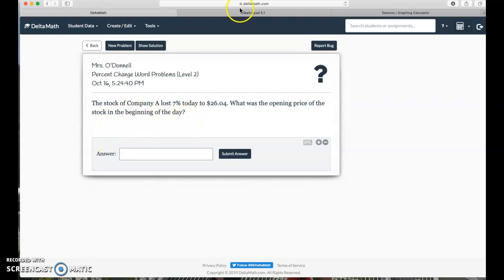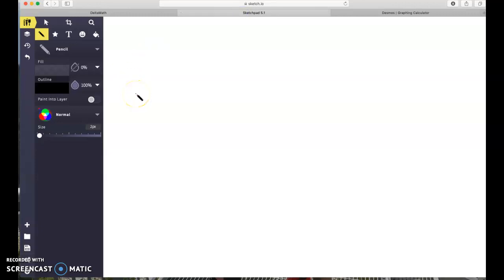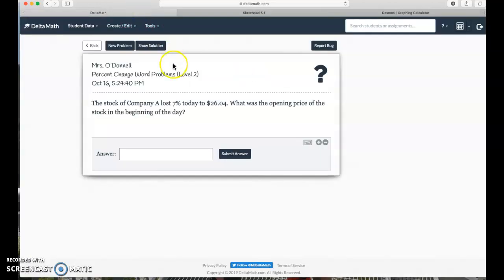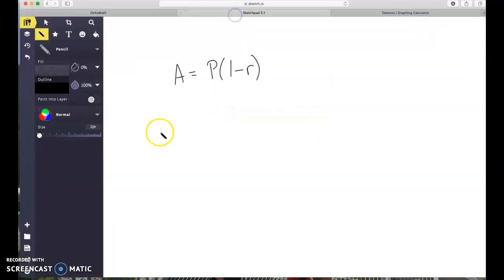All right, so same deal as before. We know it's a percent decrease problem, so my amount is my principal amount times 1 minus my rate. My rate is 7%, that's how much the stock lost, and the amount at the end of the day was $26.04.